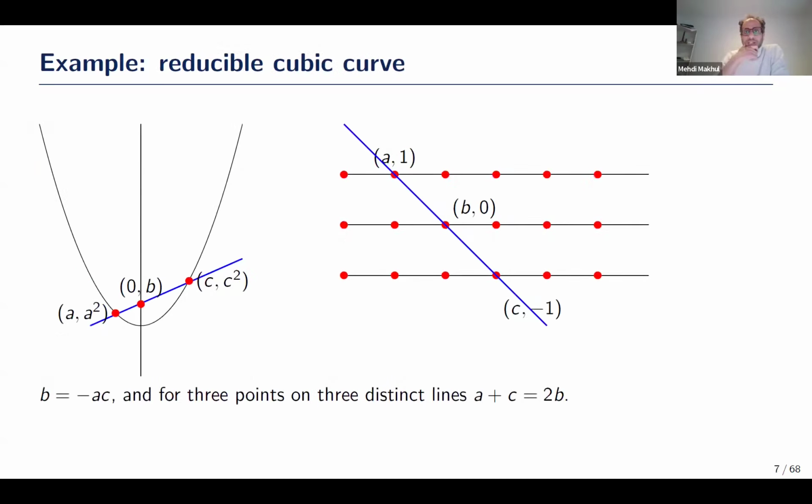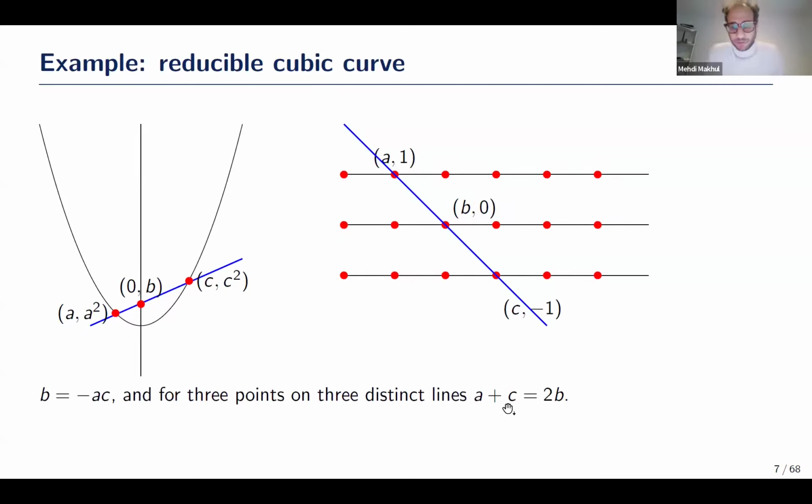Here, another example is again coming from an elliptic cubic curve. If I consider these 3 parallel lines, and take an arithmetic progression on each of these lines, then one can see that these 3 points are on a line if and only if they satisfy the equation a + c = 2b.